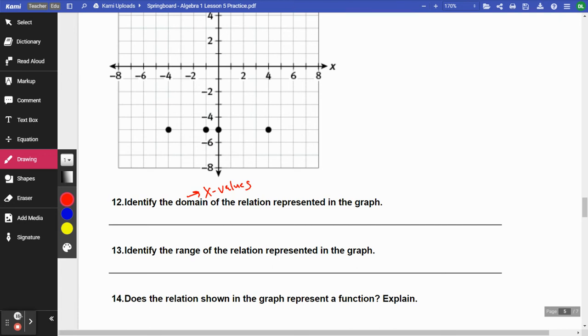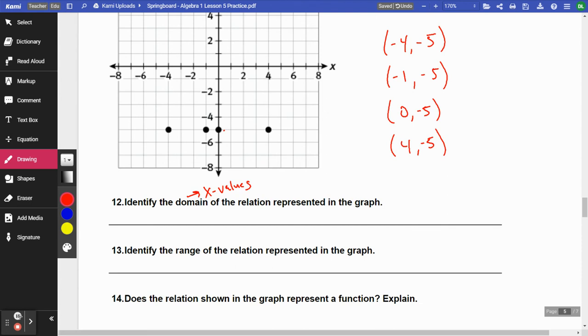This is -4, -5. So I have -4, -5, -1, -5. This is 0, -5. And this would be 4, -5. All right, so there are my ordered pairs.